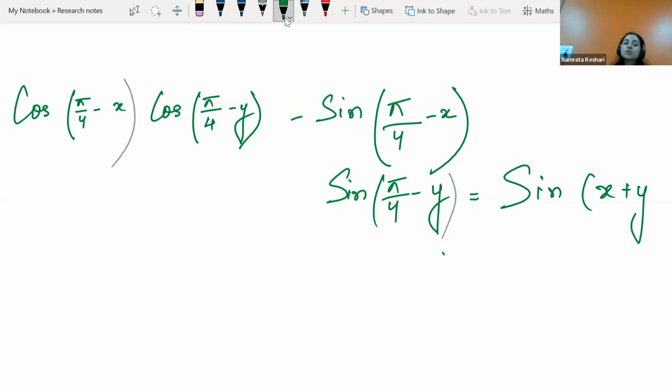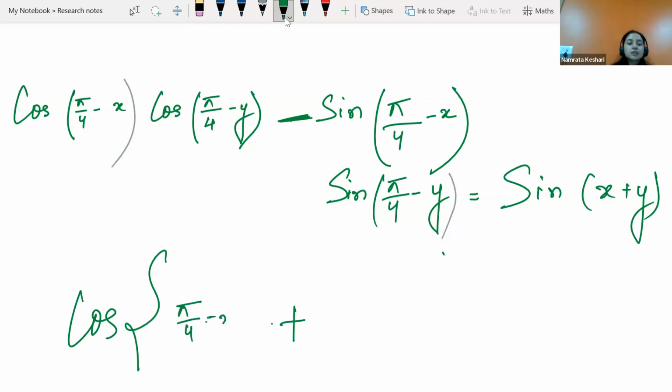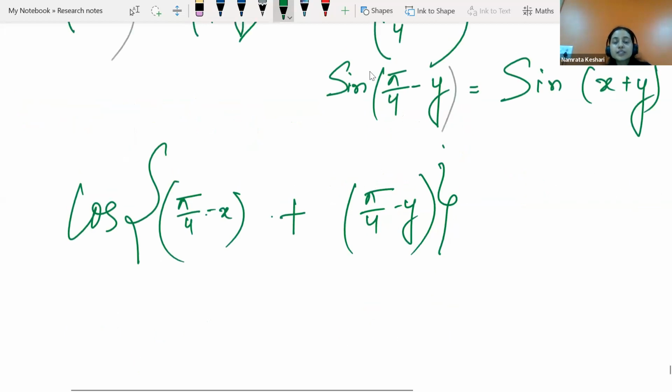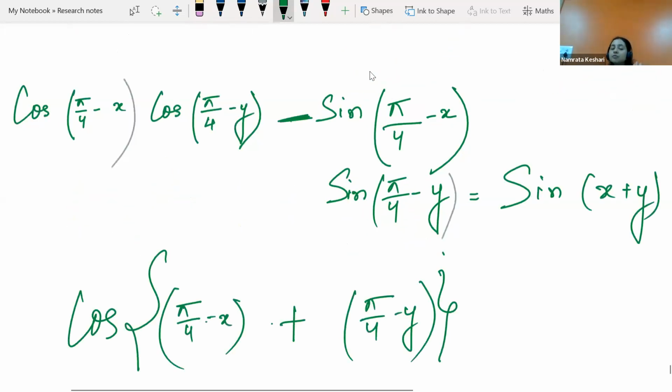Then we are saying it looks like a formula of cos a plus b because minus sign is there in between. So a plus b, a is pi by 4 minus x and b is pi by 4 minus y. That's the formula we are having. Are you getting it? Is it clear so far how I have written from question to second step? Ali and Alina, getting it?